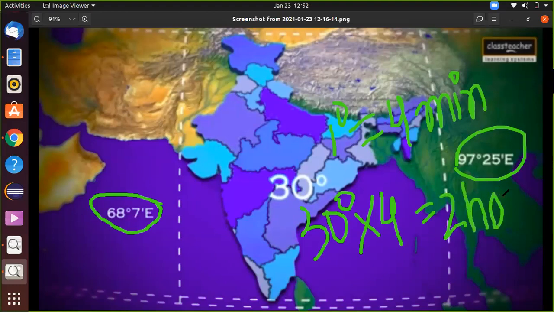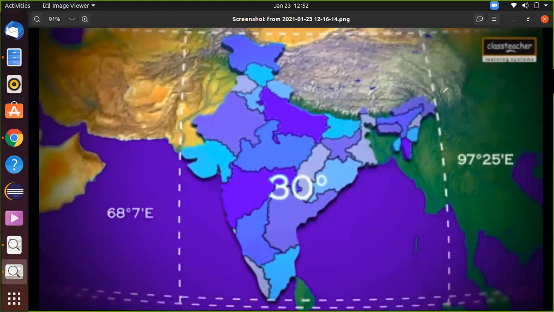That means if the sun has risen in the eastern part of India, it will rise 2 hours later in the westernmost part of India.